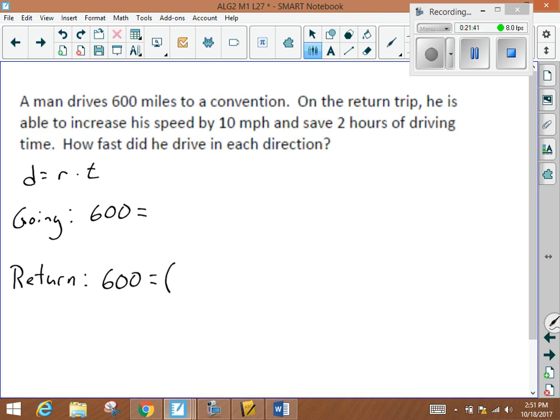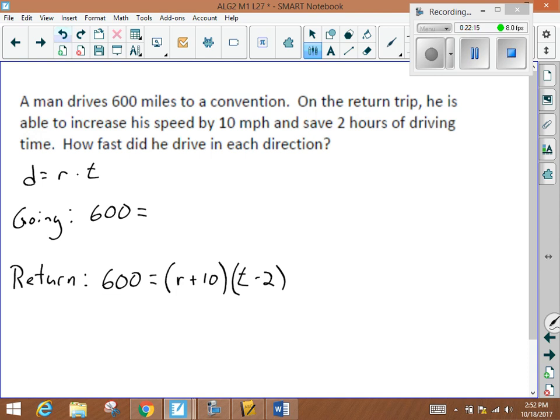And then his rate is increased, right? So whatever that rate is, it was increased by 10 miles per hour. All right. And then it looks like his time at that point is the time that he had going minus 2 hours.